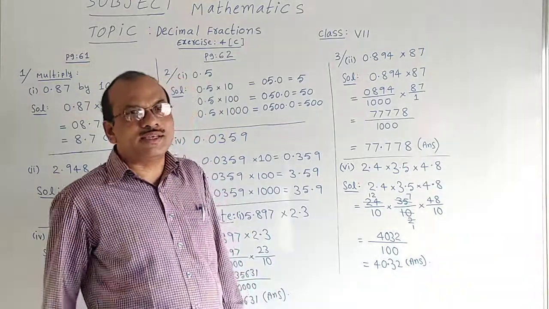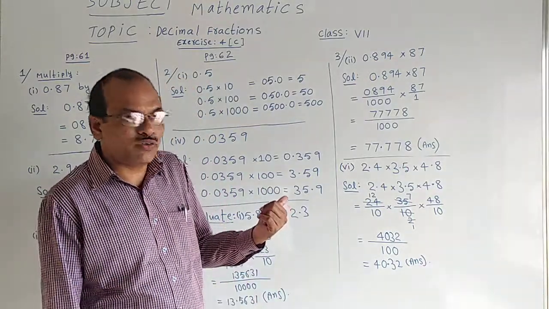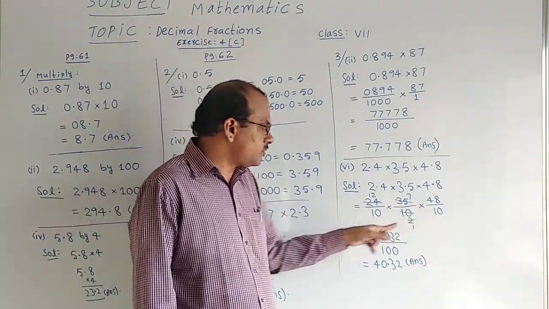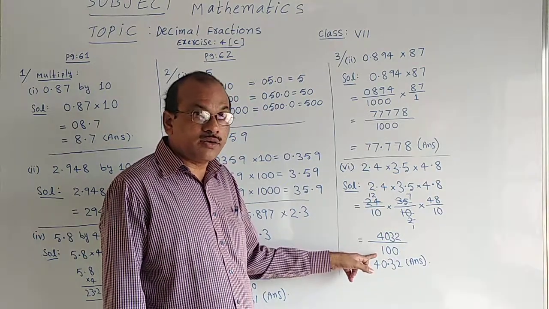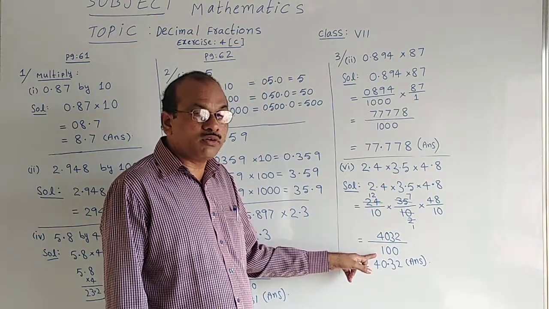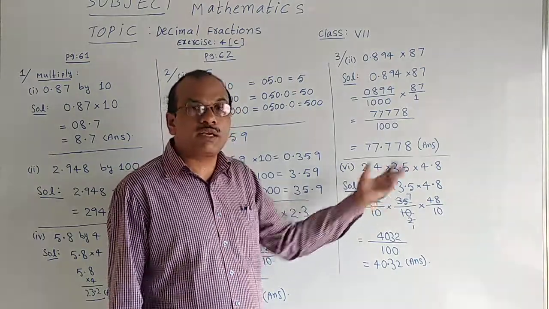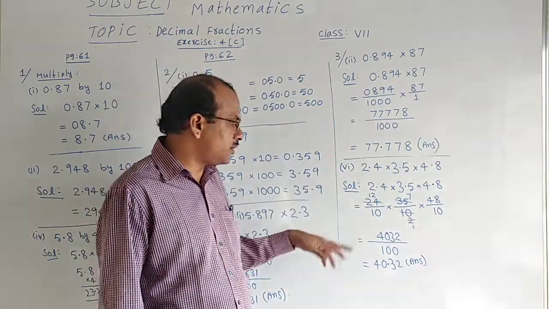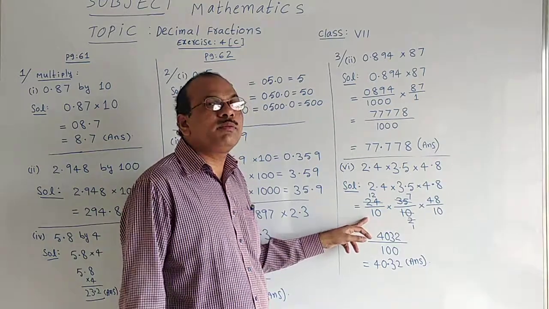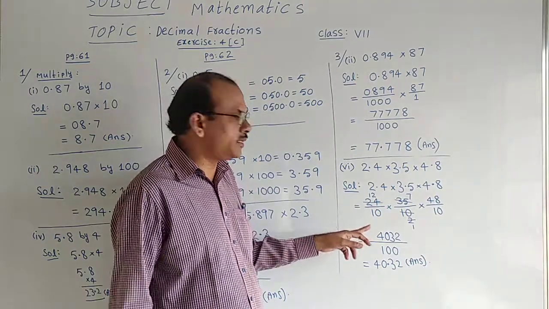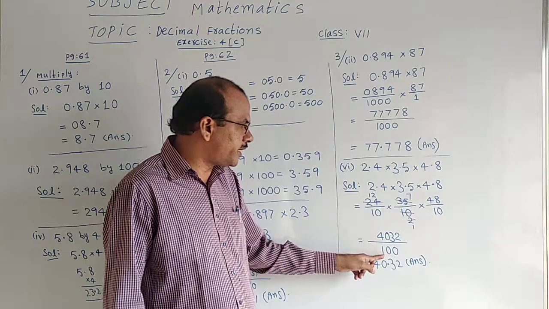That's why I did not cancel. I hope it is also clear for you. 10 into 10 is 100. I have written it in the denominator to make our work easier. Though there is a possibility for cancellation, I did not cancel. Now our work will be easy. That's why I am writing like this. 10 into 10 gives you 100.